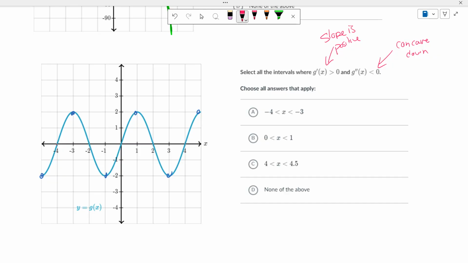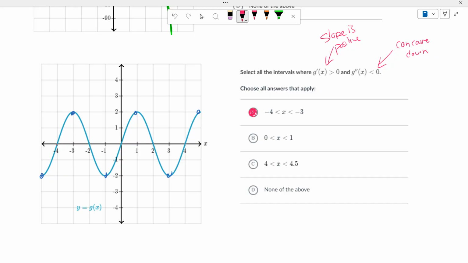Well, let's look at A. A goes from -4 to -3. The slope is positive. And is this cup pouring out or filling up? Pouring out. So it's concave down. So A would work.